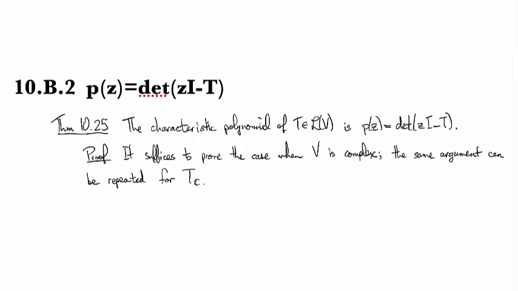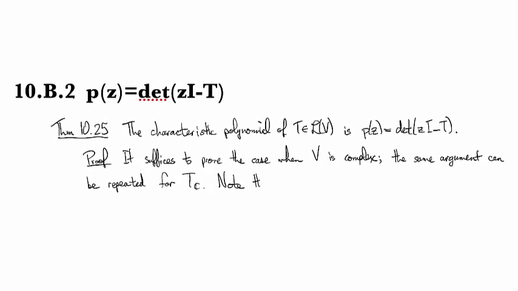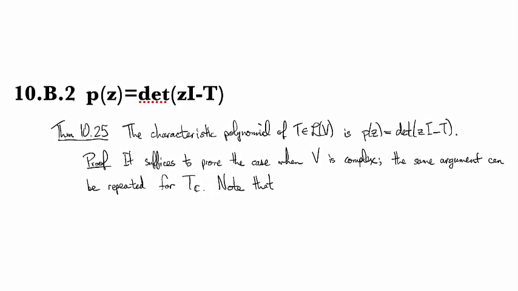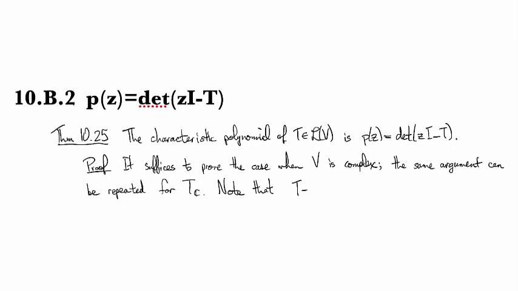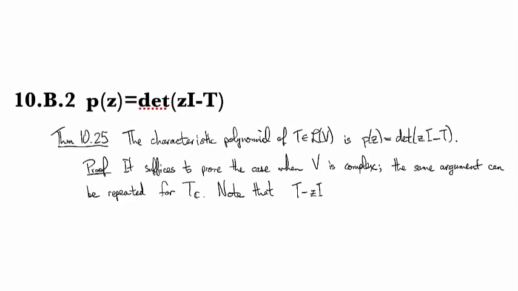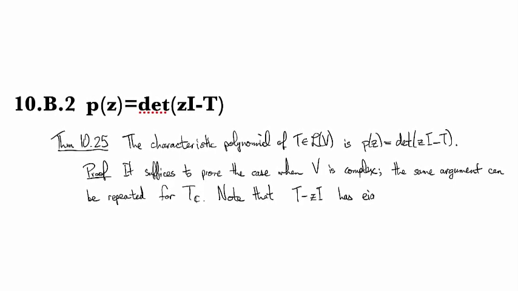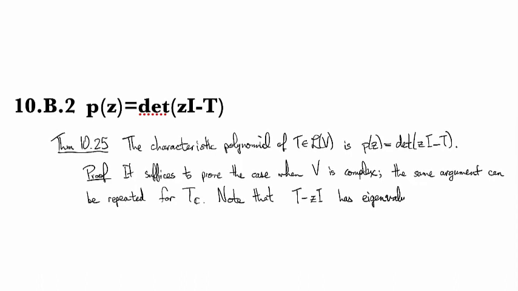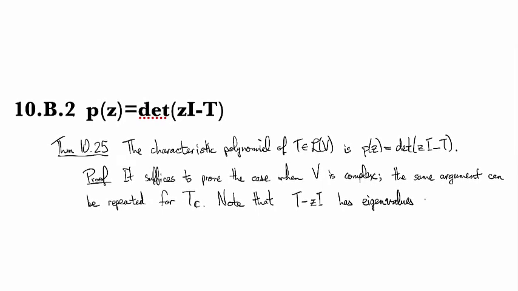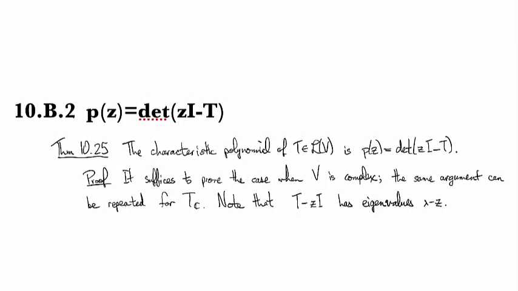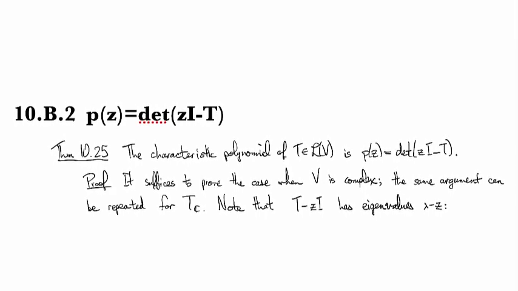Okay, so first off, the general principle is that if you perturb, say we take an operator t and we perturb it by subtracting something from just the diagonal of t, then this thing is going to have eigenvalues of lambda minus z. And so to see this, we'll work with the negation of this expression.